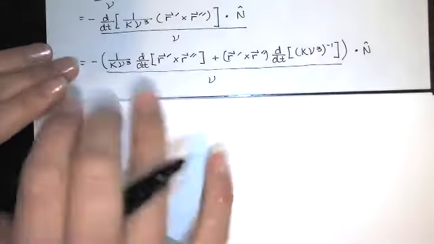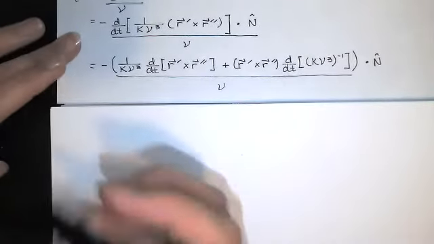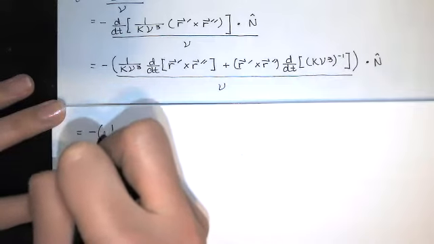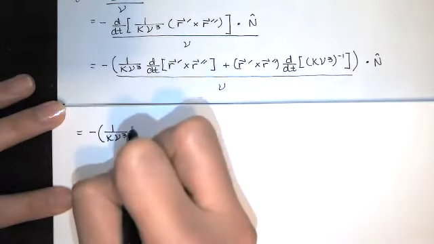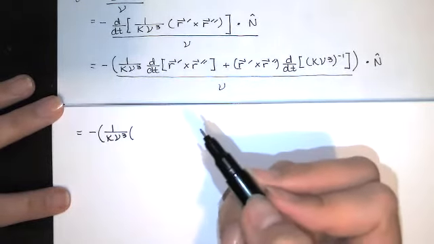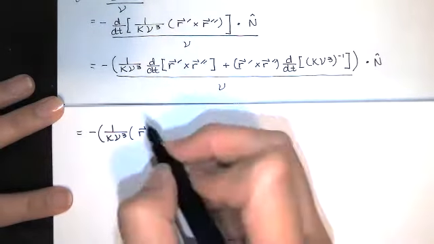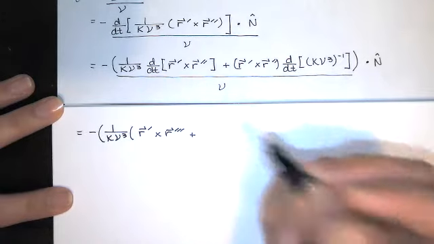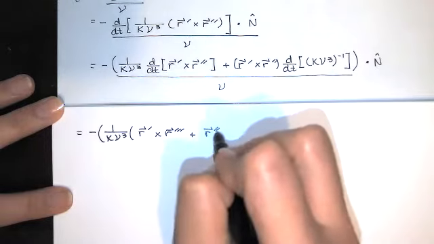Now, cross products also obey the product rule. So we're going to have negative 1 over kappa times nu squared times the derivative of this product. It's the first times the derivative of the second plus the derivative of the first times the second.